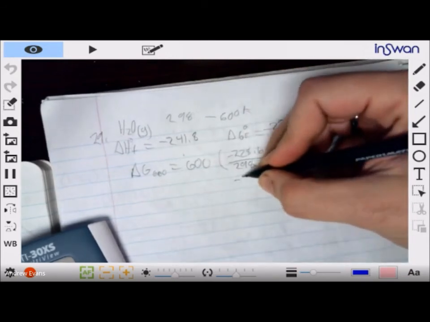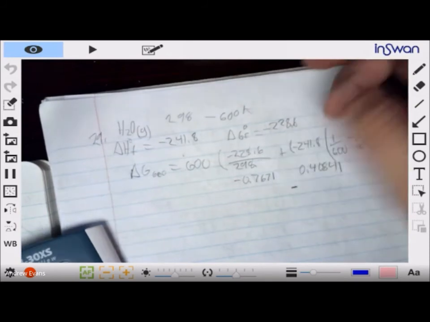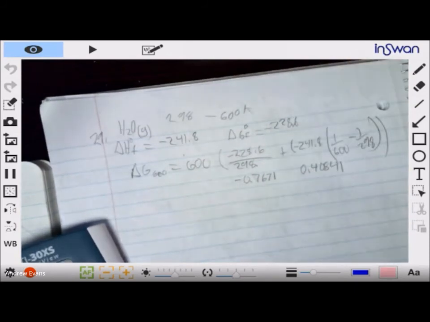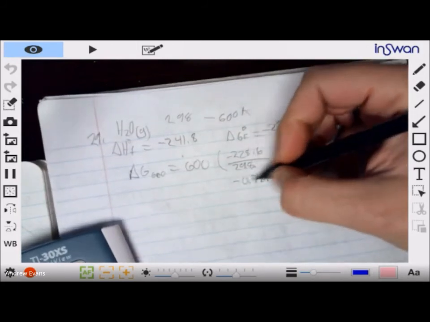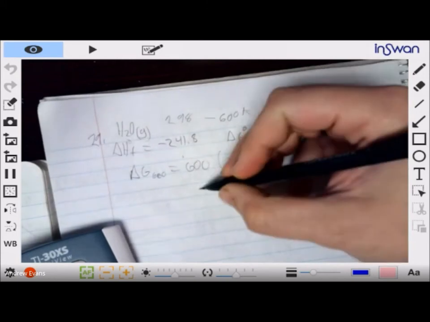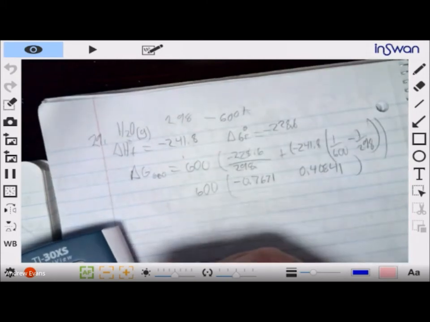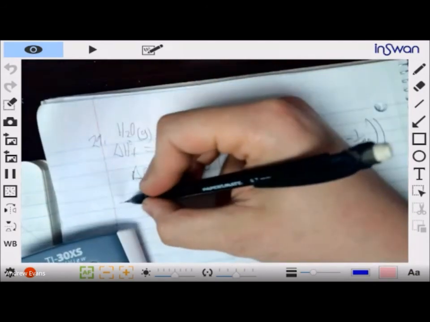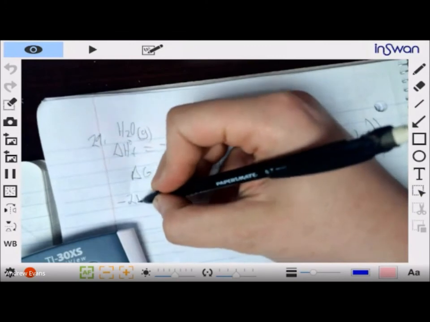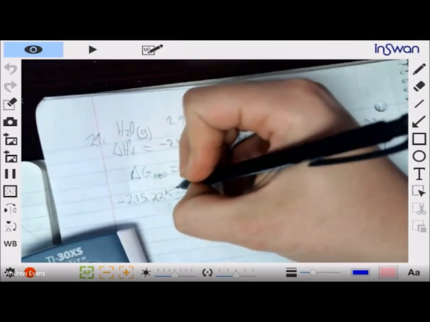That's negative 0.7671. So we add those two terms together, and then multiply by 600, and you get the Gibbs free energy is now 215.22 kilojoules.